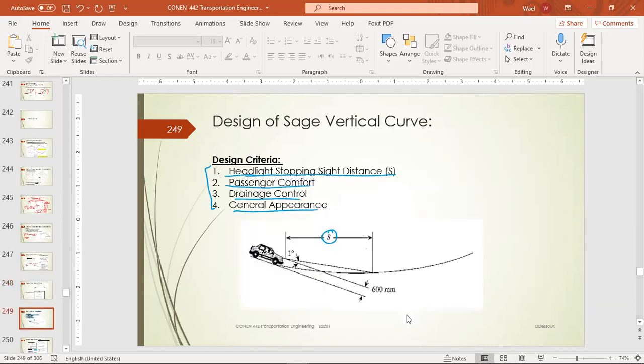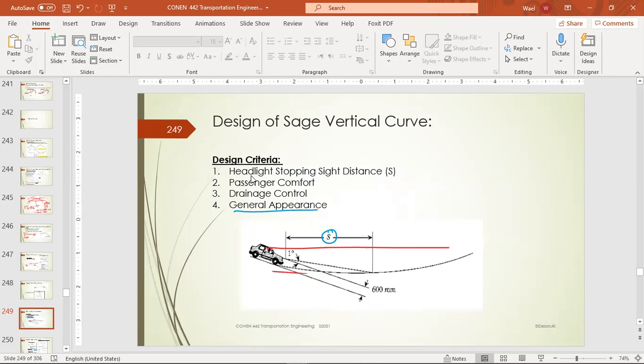The other category of curves is the sag curve. Here we have 4 design criteria. The first one is the headlight stopping distance. We are not counting on the driver's eye here, because you can see all the way.